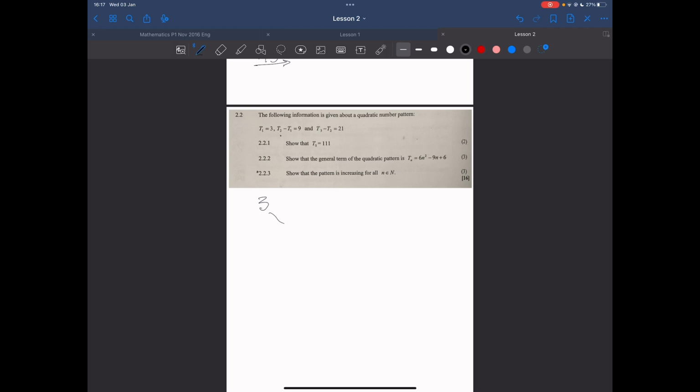Therefore, they have subtracted term number 1 from term number 2 and got the difference to be 9. And as we continue, because it's a quadratic number pattern, term number 3 minus term number 2 gives 21.